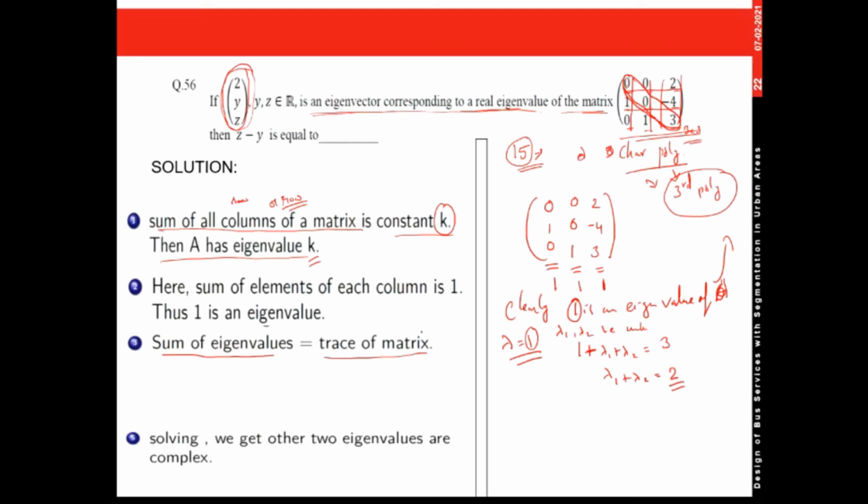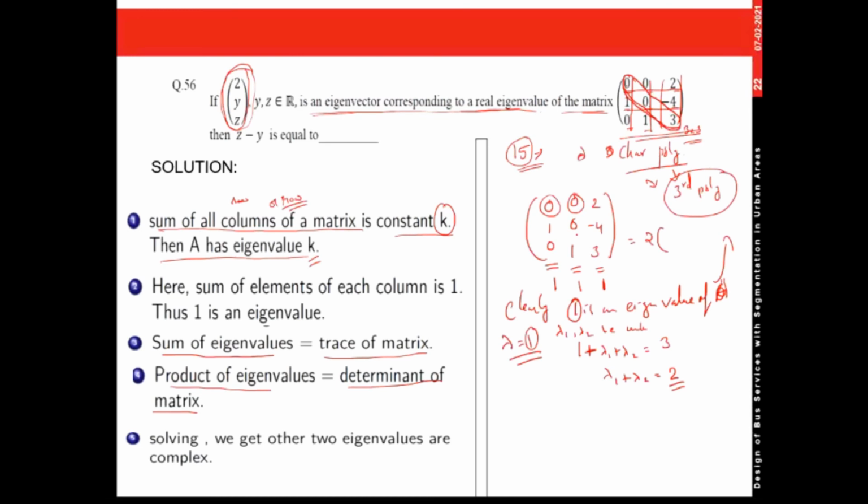Now we know that the product of eigenvalues is equal to the determinant of the matrix. So this is another result. Now if you find the determinant of this matrix, this is very easy to find. This is equal to 2.